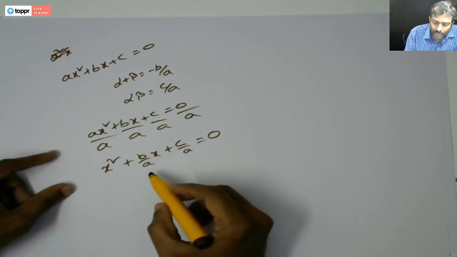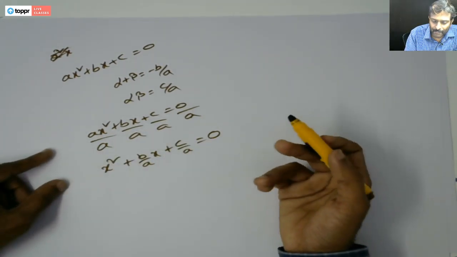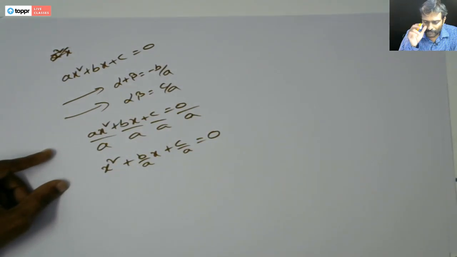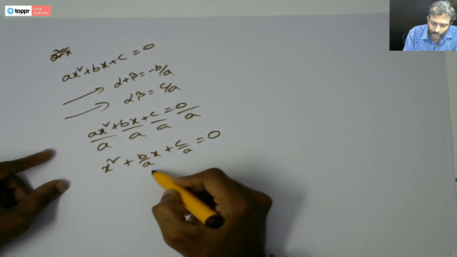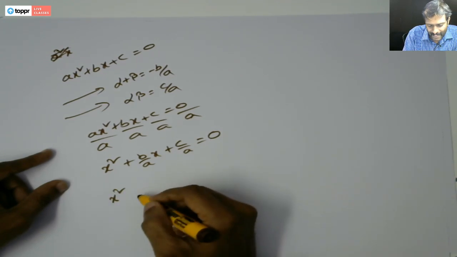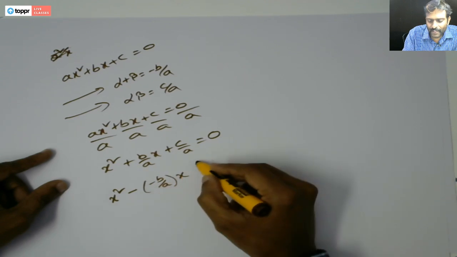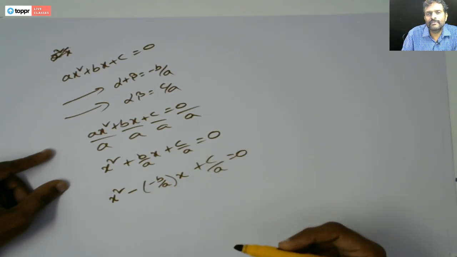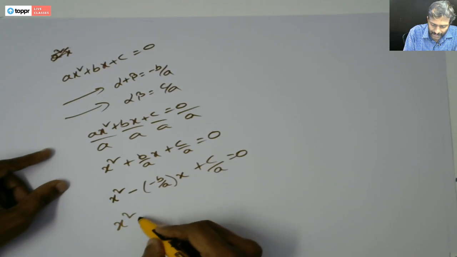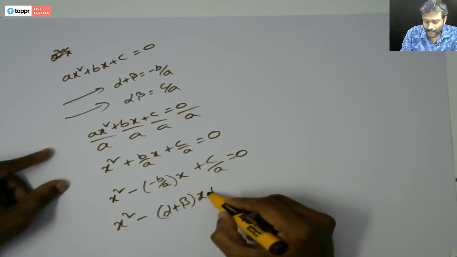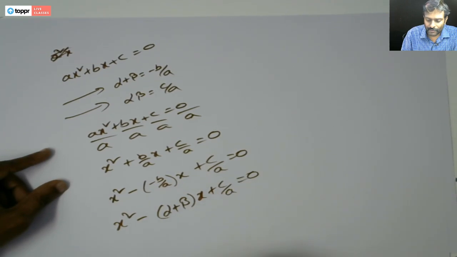Now I want to substitute, because I don't know the values of a and b, but I only know the values of alpha plus beta and alpha beta. I can write this as x square minus b by a times x plus c by a equals 0. So simply you can write x square minus alpha plus beta times x plus c by a is equal to 0.